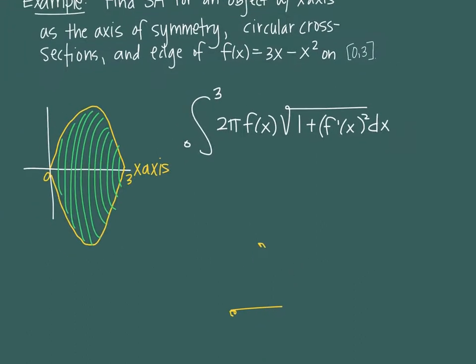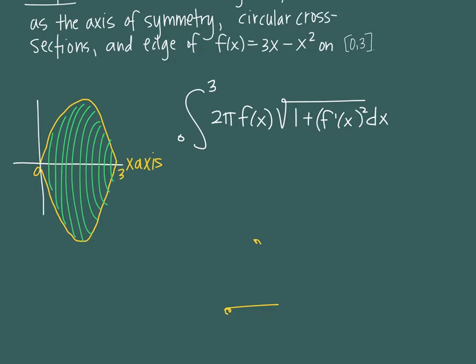There's your formula. 2 pi r L. 2 pi, radius, length. That is the order how it's going to go. And then you just crank out the antiderivative from there.